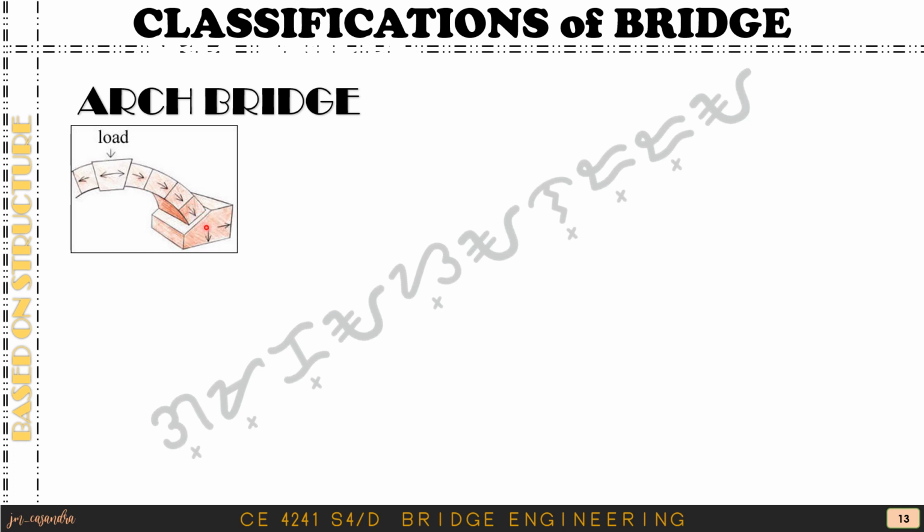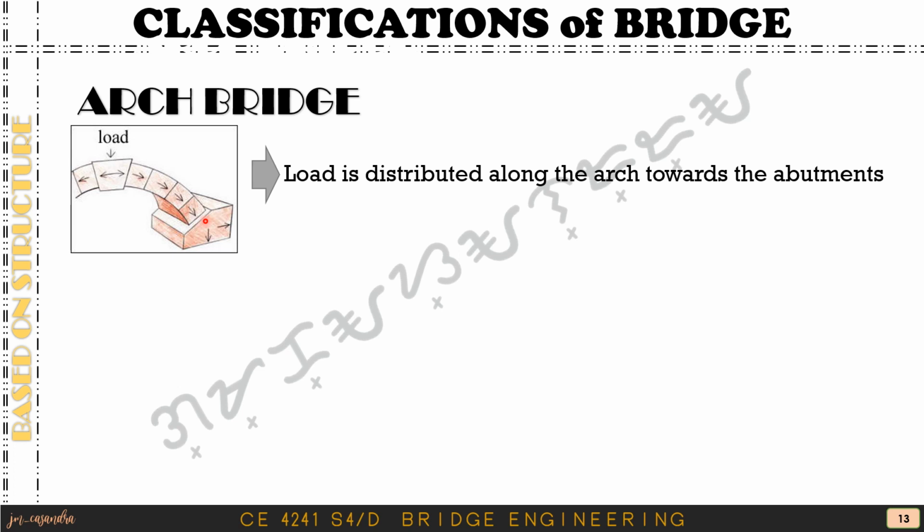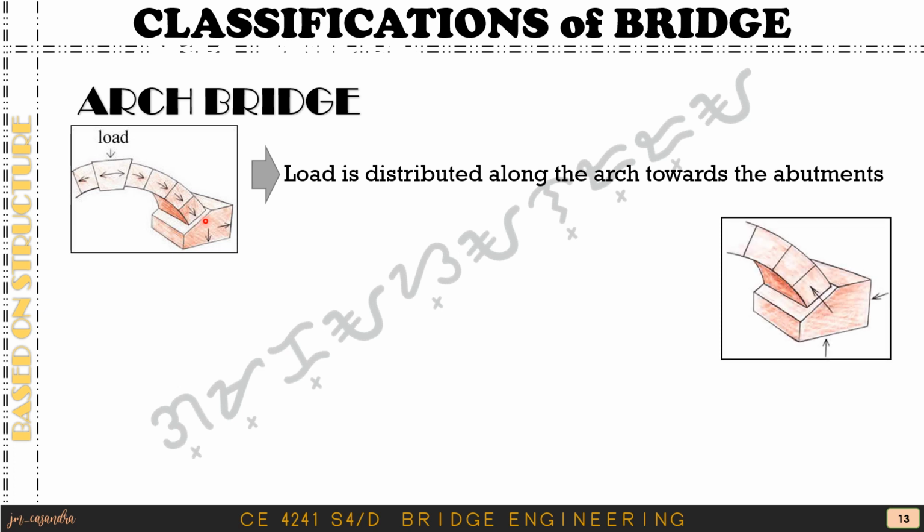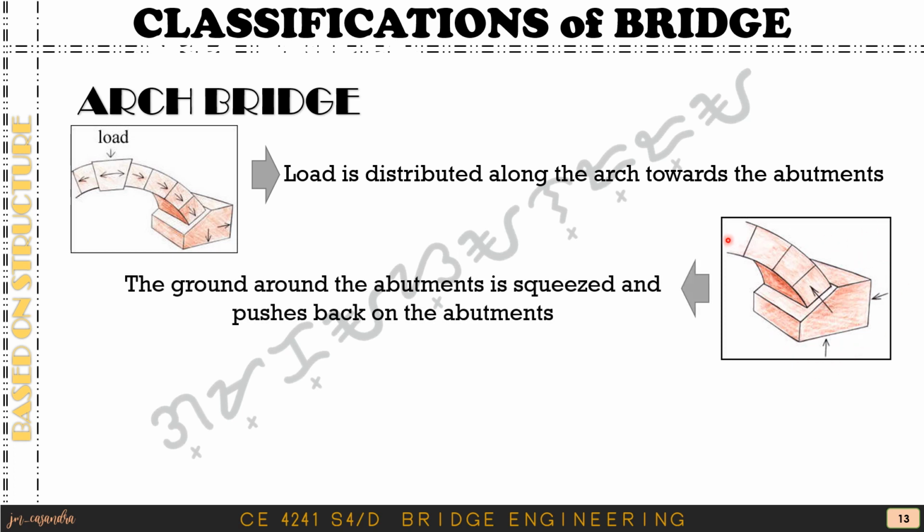Okay, so the load will be distributed to the abutment. Next, from there, action and reaction, the abutment would also squeeze through and push back the load from the ground.